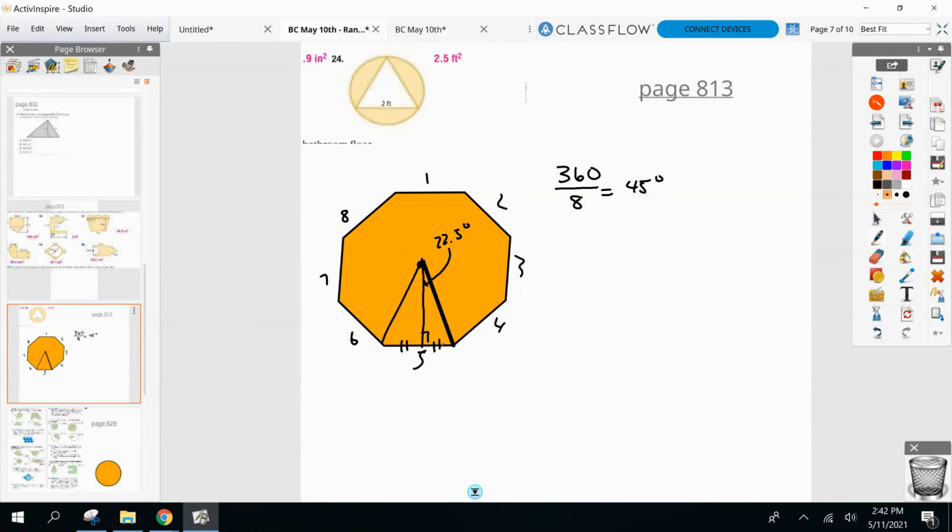That was the other thing a lot of kids forgot: when you do the area of a triangle, 1/2 base times height, make sure you put in the full base. I had a handful of kids today put in just half the base into the formula. It's the full base that goes in, not half the base. Then I take that and multiply it by how many triangles I could form in the entire polygon.